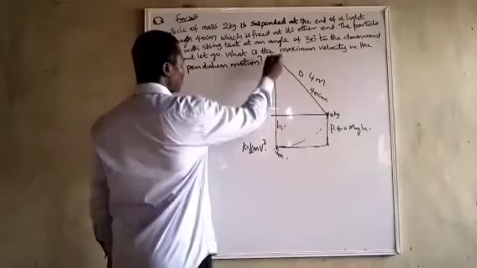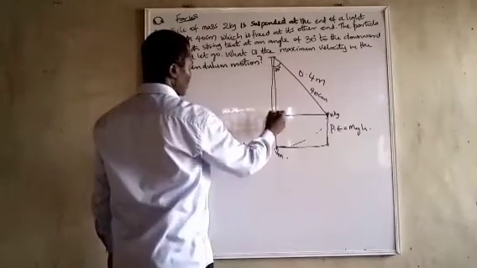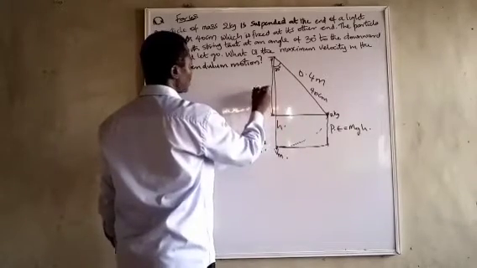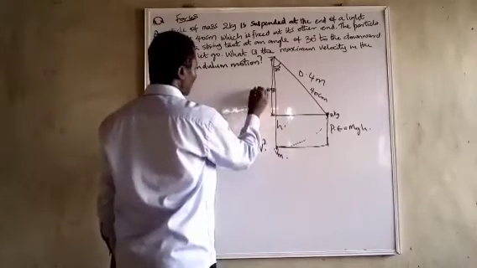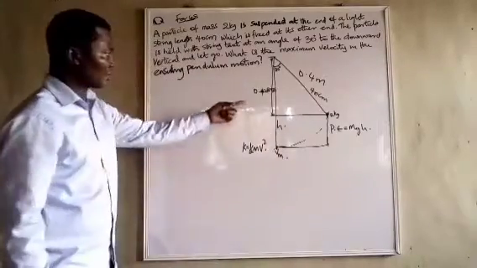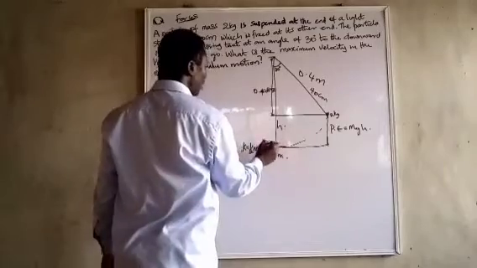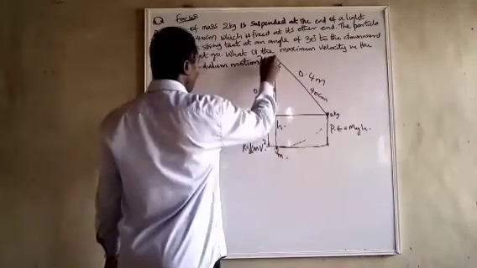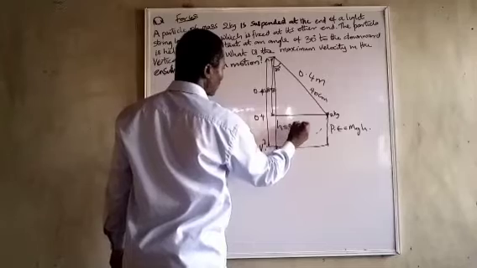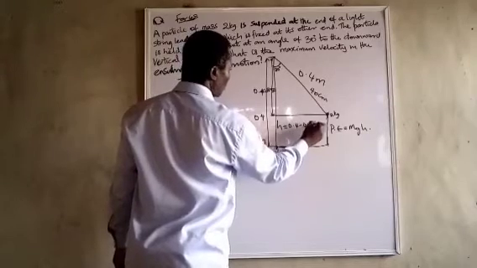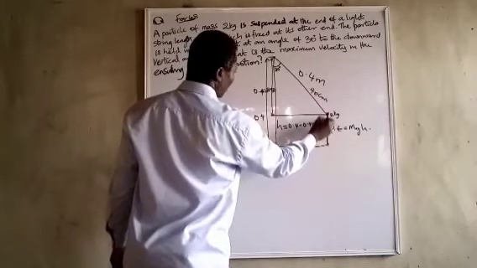Now our work here is to find h. From here to here is 0.4 cos 30. And from here to here, you can see the whole string length is 0.4. So h will be equal to 0.4 minus 0.4 cos 30 degrees.